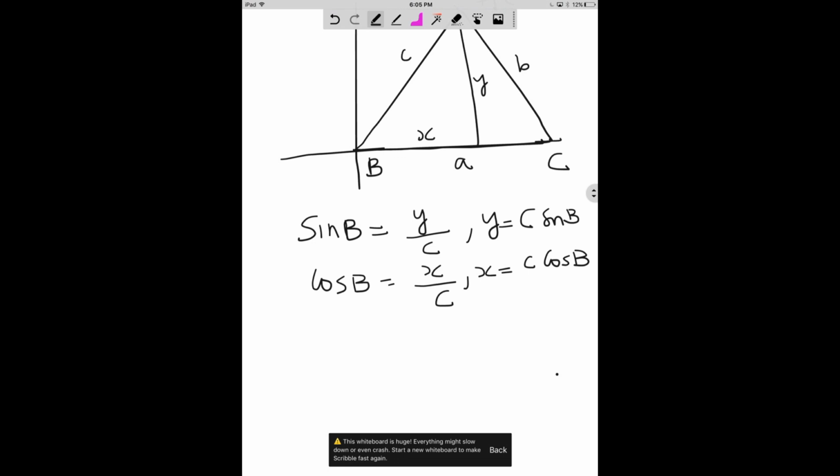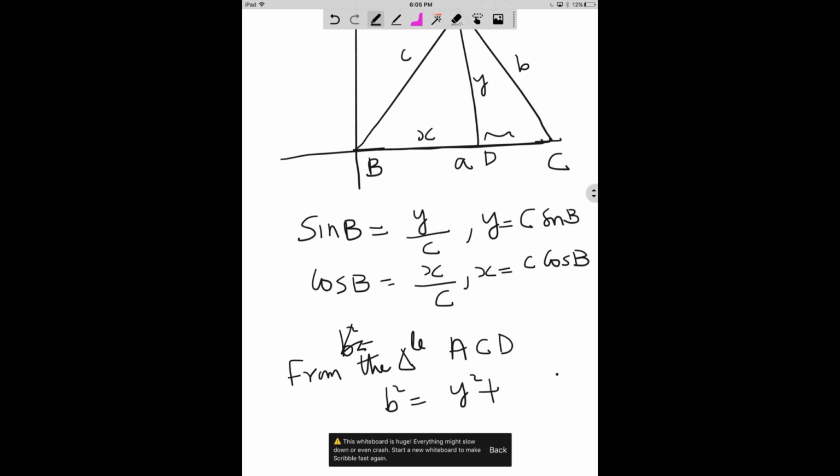So consider the triangle ACD. Hypotenuse square is equal to base square plus altitude square.